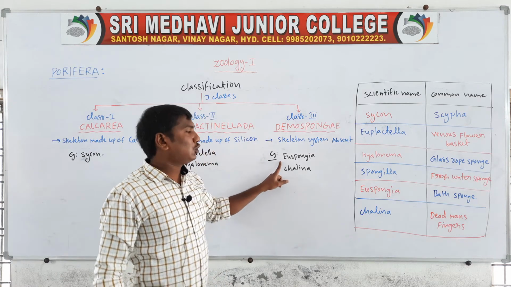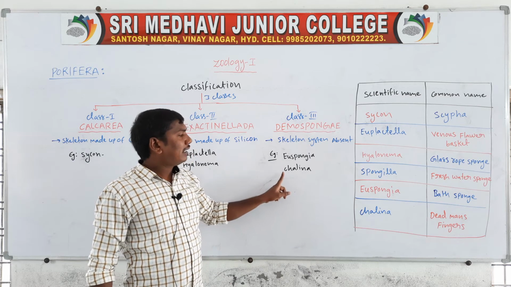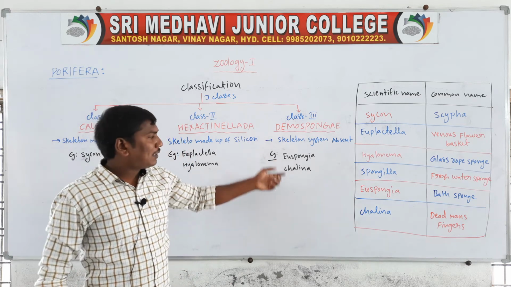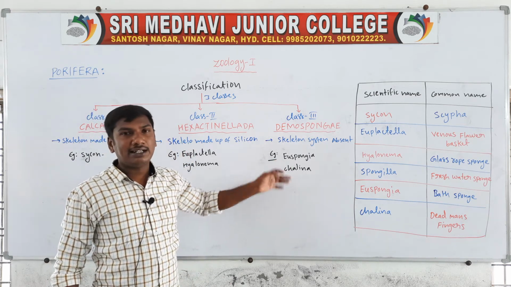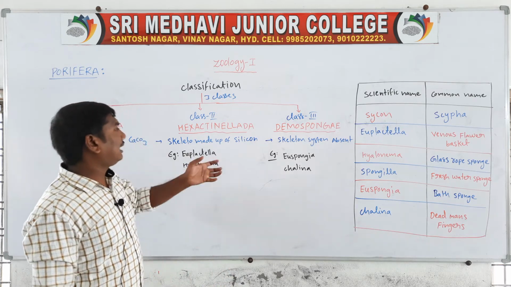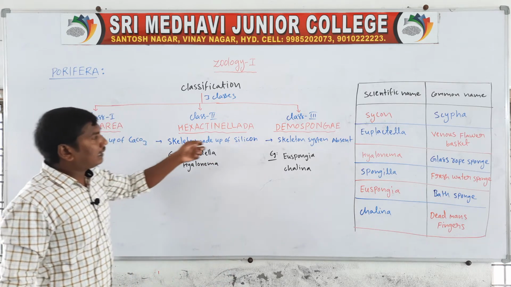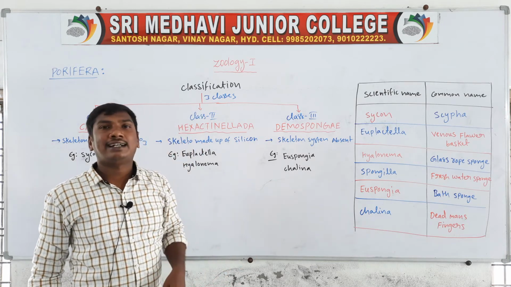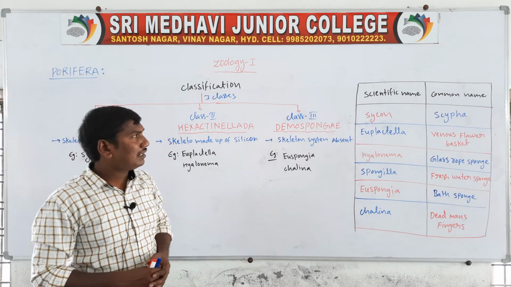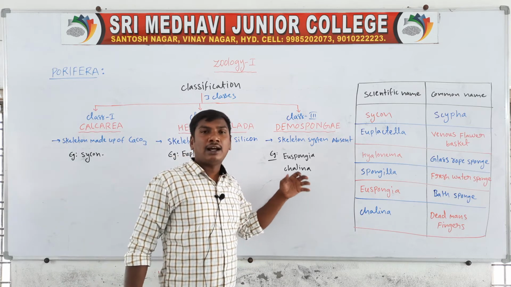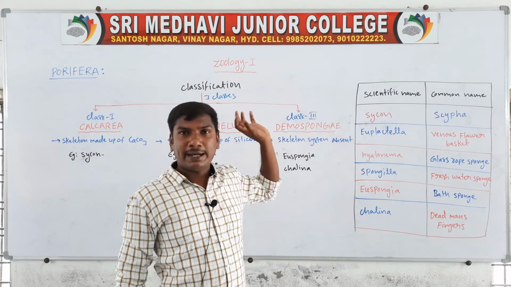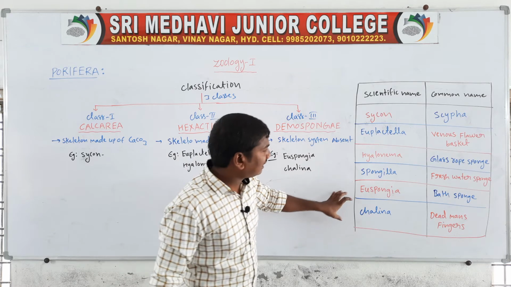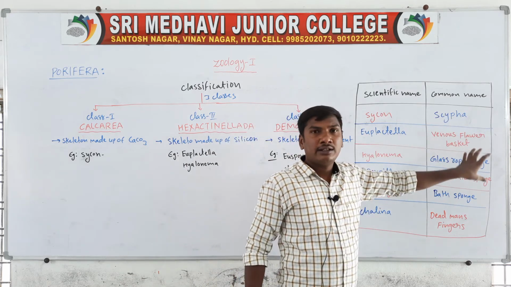Examples are Euspongia and Chalina. So these are the three classes: Calcarea, Hexactinellida, and Demospongiae.